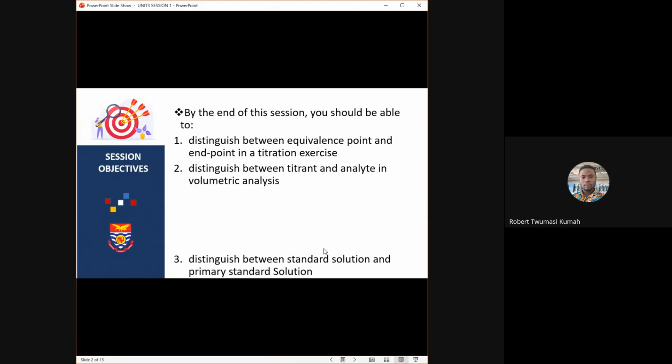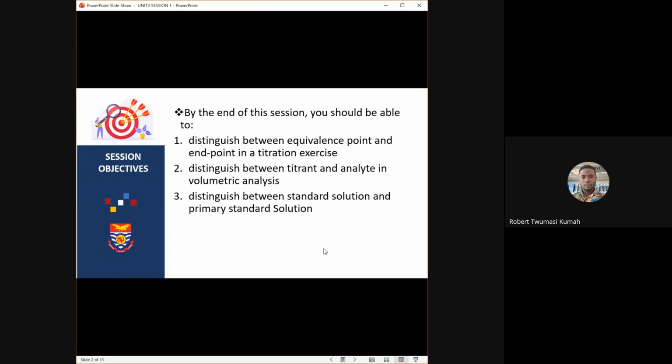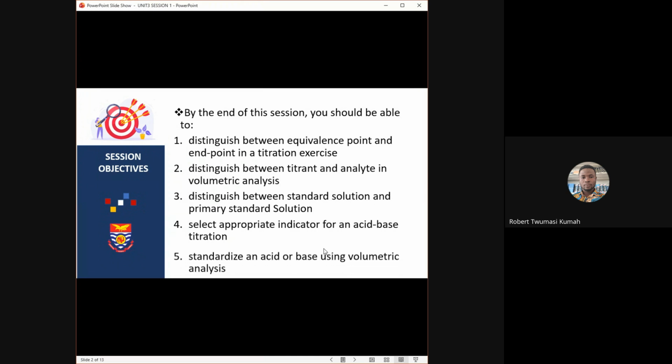These are terminologies. Then distinguish between standard solution and primary standard solution. And then select appropriate indicator for an acid-base titration. Okay, then our final objective is to standardize an acid or a base using volumetric analysis. Okay, so let's look at these terminologies and what they imply.